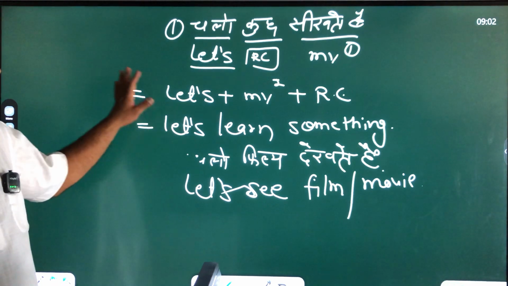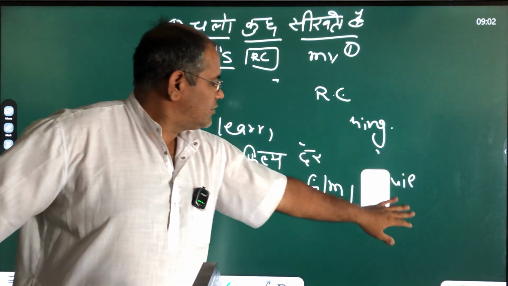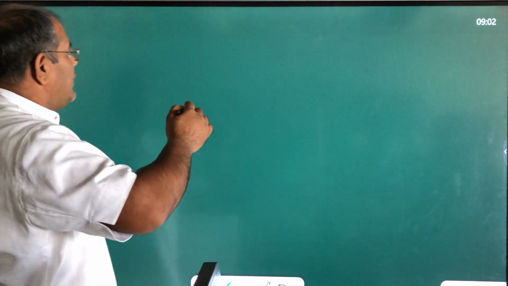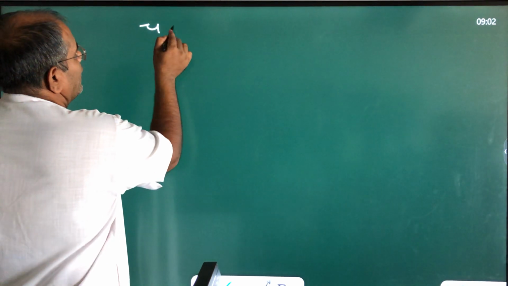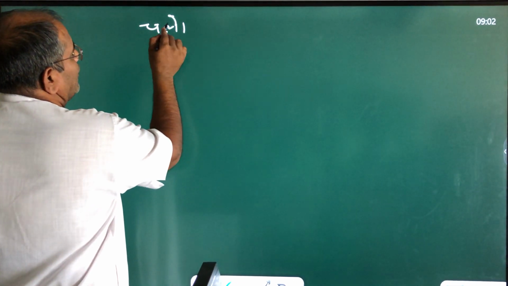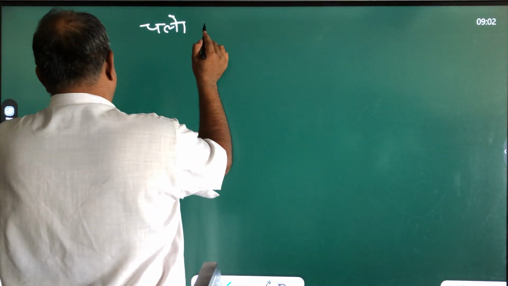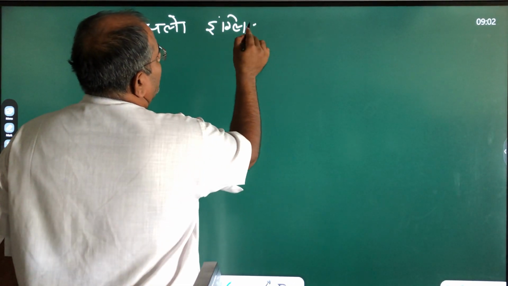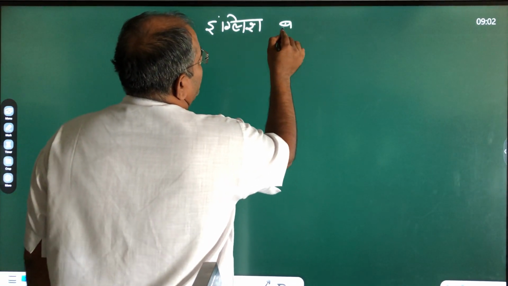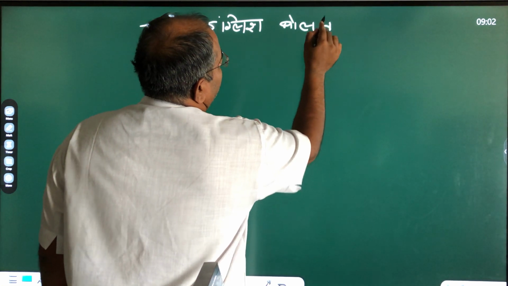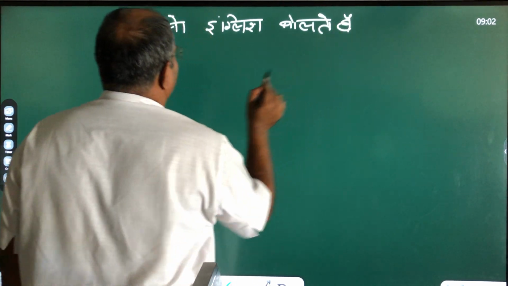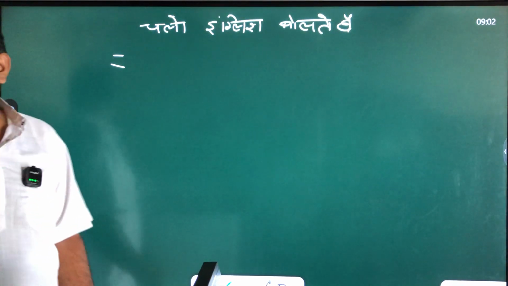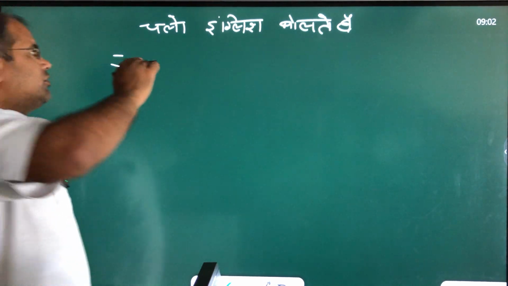Okay. Another example. Look at it. Like चलो इंग्लिश बोलते हैं. So at the first we have to use let's. Very good.